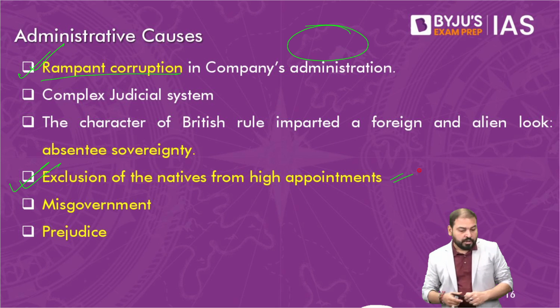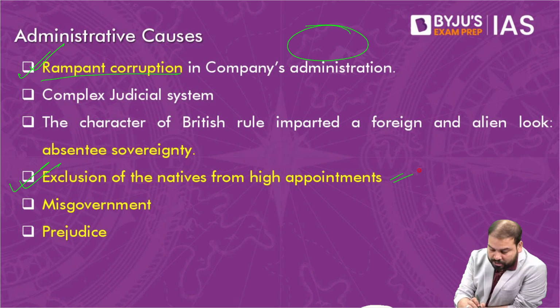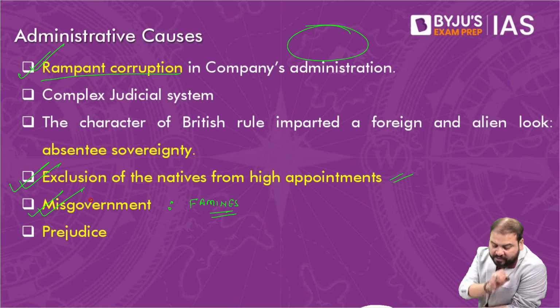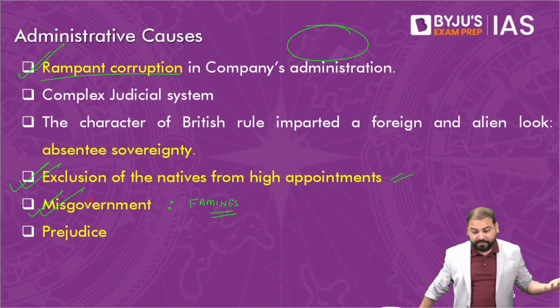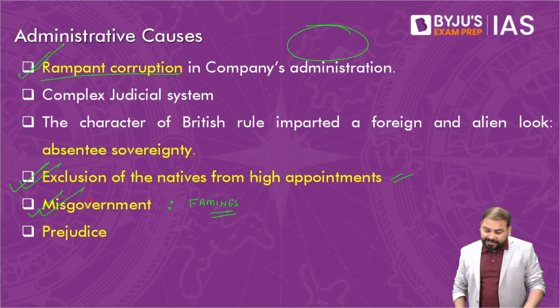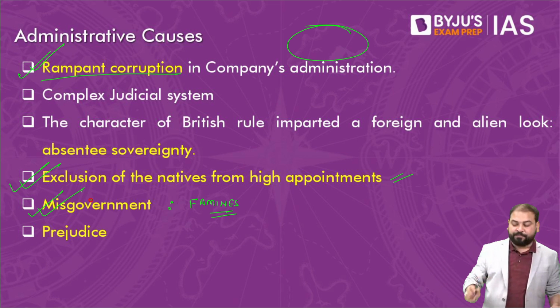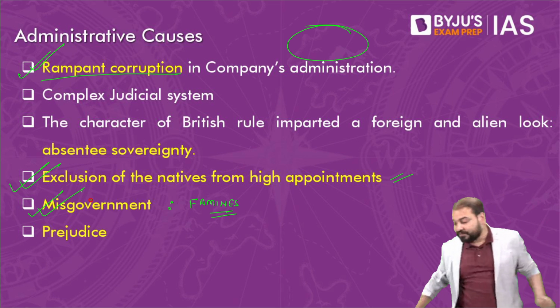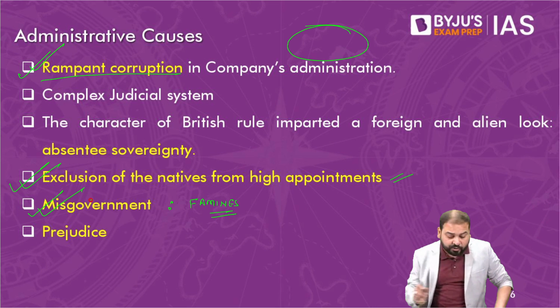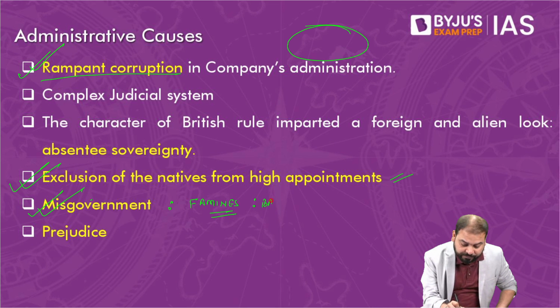Can I say that so many famines which came to our country are an example of misgovernance by the British? We have studied famines. So many people in our country died because of these famines, and it is nothing but the bad rule of the British.